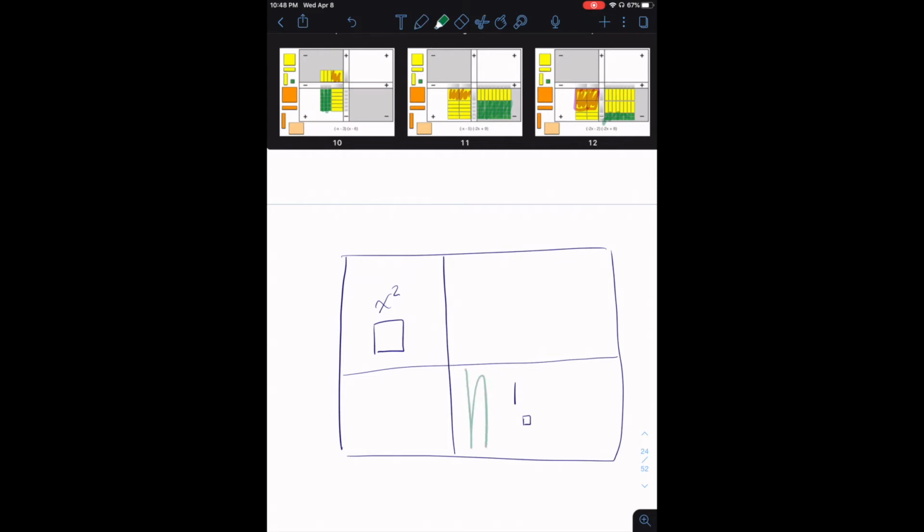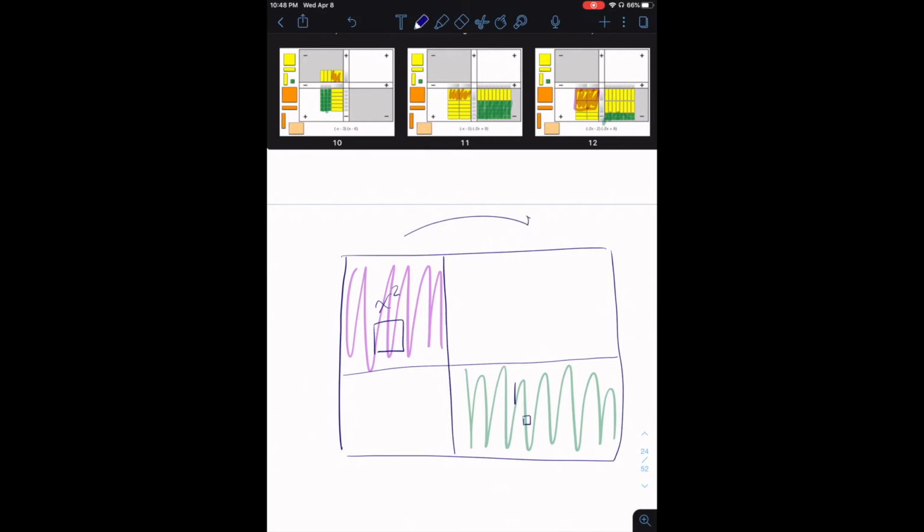So if we look at a situation here and here, right? We have kitty corner are x squareds and ones. Now we also notice that this could be rotated, this could be reflected in any way, but we don't know which orientation this is in.